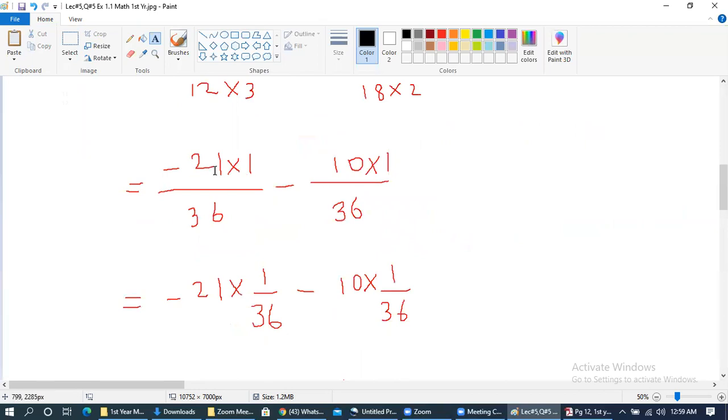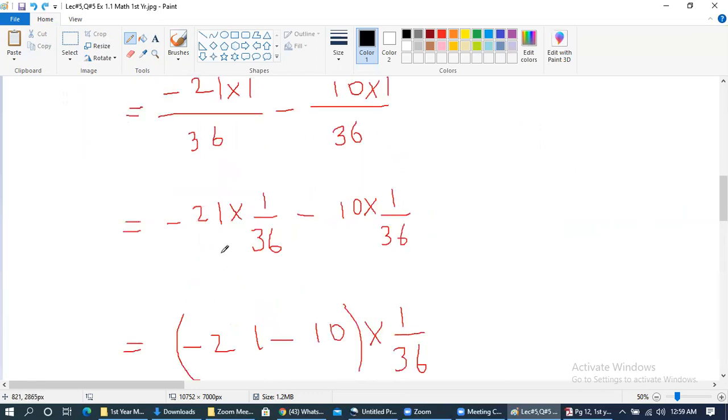And in the next step, although they have been multiplied with each other, you can see here that 1 is going to be multiplied, and then 21 cross 1 by 36 has been written. So here we have not utilized any type of property, but we have utilized our simple axioms.